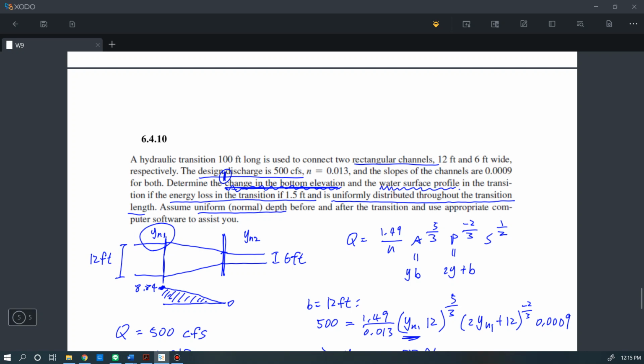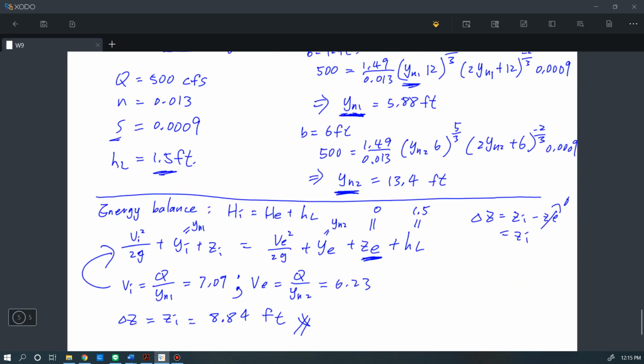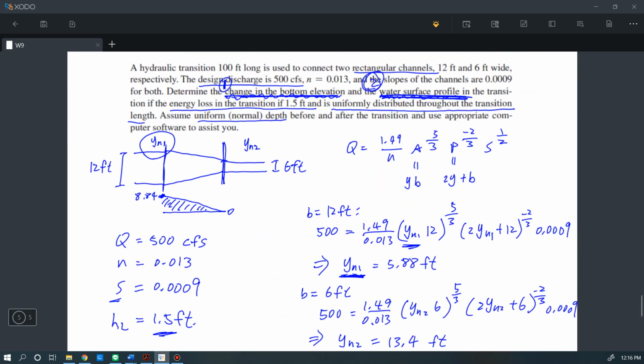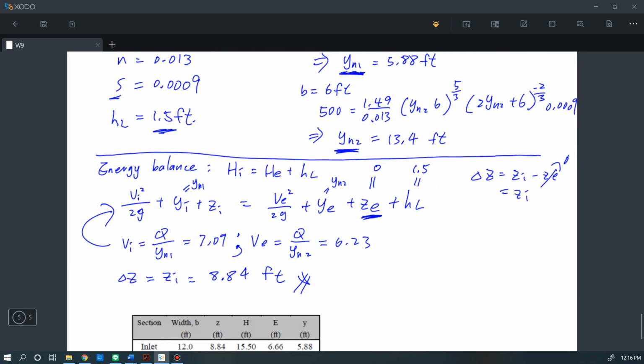But the second thing is that we want to solve the water surface profile. And that means we need to solve the water depth for this transition channel here.